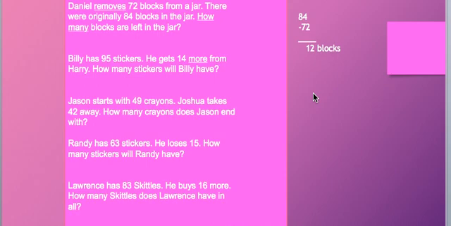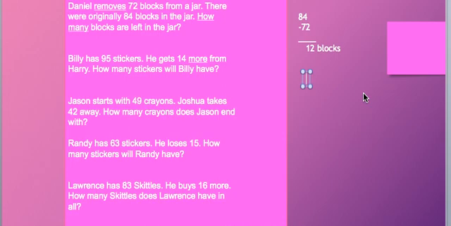Okay. Our next one says, Billy has 95 stickers. He gets 14 more from Harry. How many stickers will Billy have? So more is our key word here that I've underlined, because that helps to identify that this is addition. So he's getting more. So we have to add those two numbers.